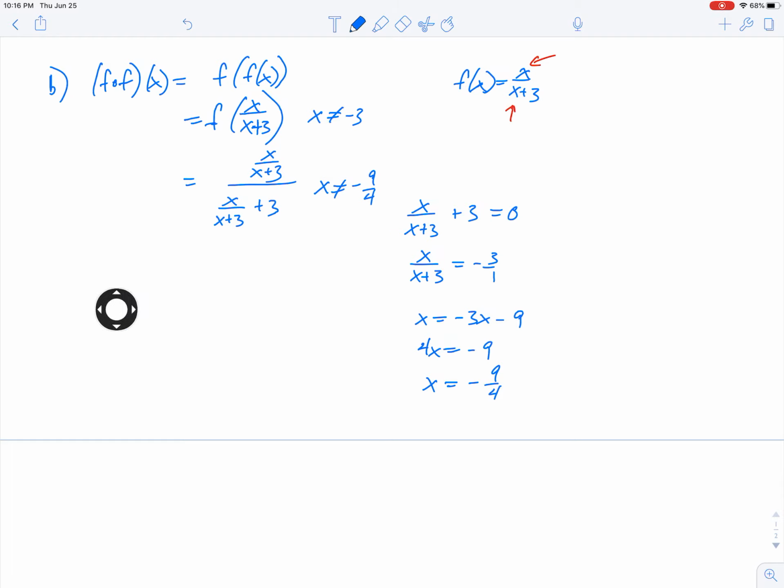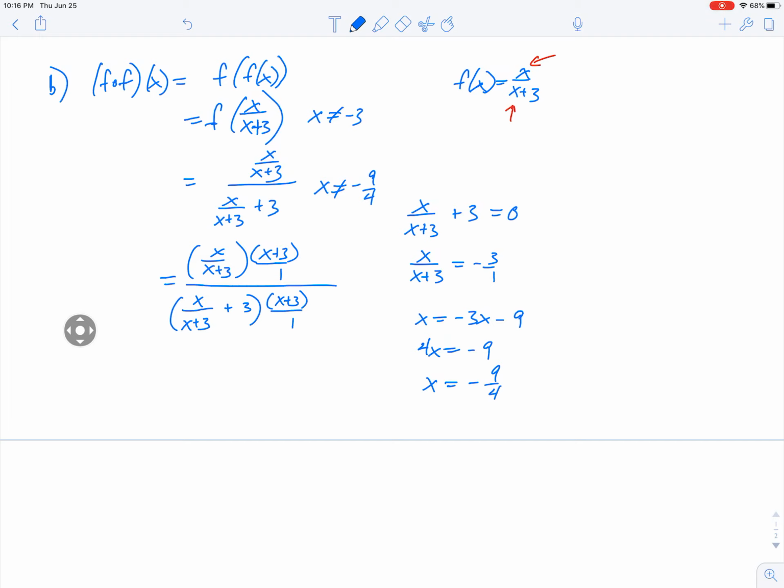Now that we've eliminated that value, we can simplify the expression for the function, and we'll do so by multiplying top and bottom by the LCD, which is x plus 3. So this becomes x over x plus 3 times x plus 3 over 1, and in the denominator, x over x plus 3 times x plus 3 over 1, plus 3 times x plus 3.